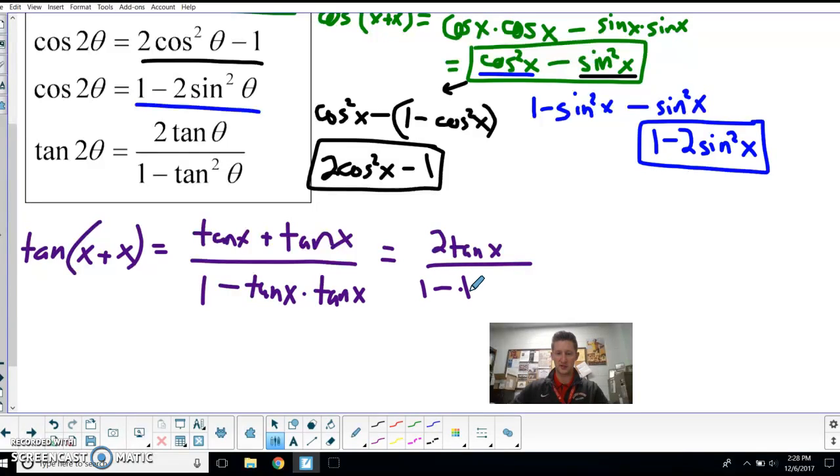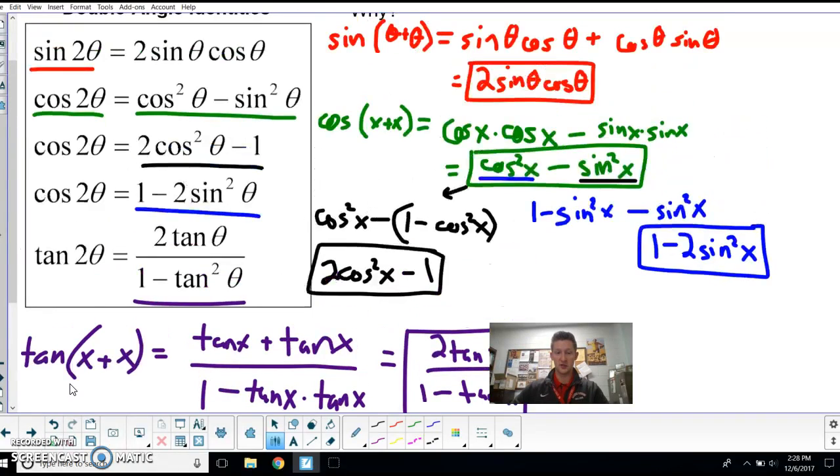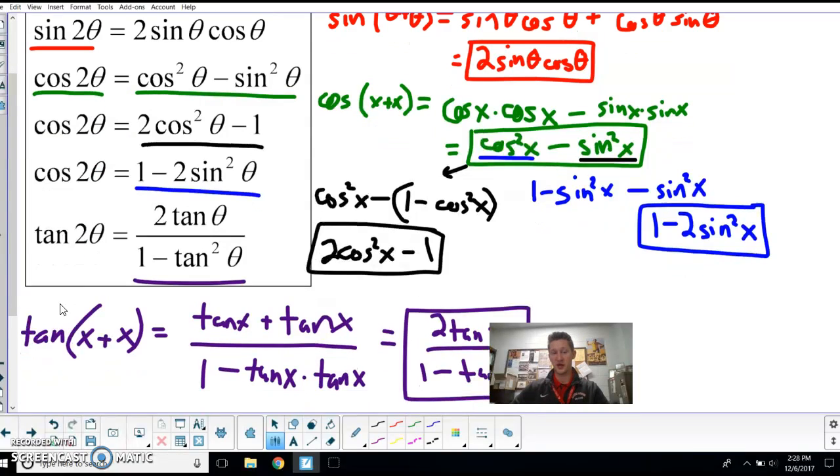So 1 minus the tangent squared of theta or x, whichever variable you're using. So 2 tan x over 1 minus tangent squared x, that'd be this guy right here. So I'm going to pause for a minute and move on to another clip to get to half angle identities. So these are the double angle identities for sine, cosine, and tangent.